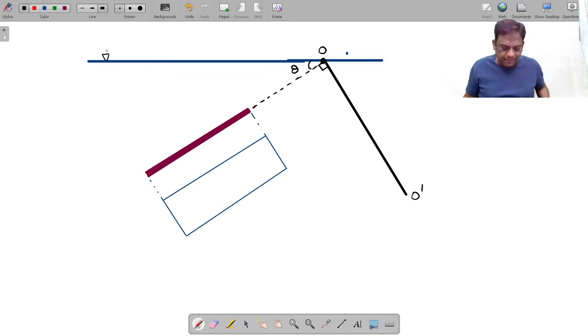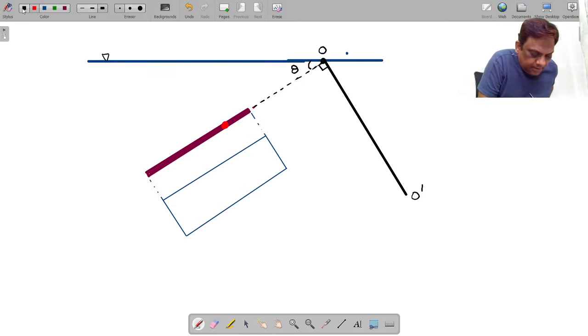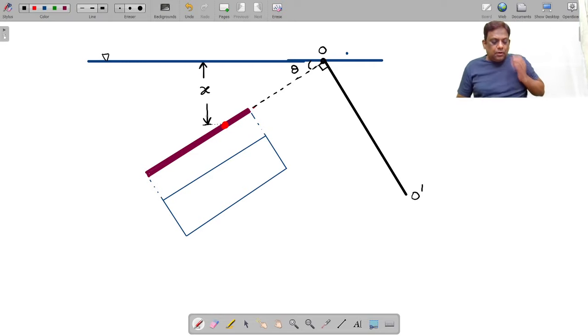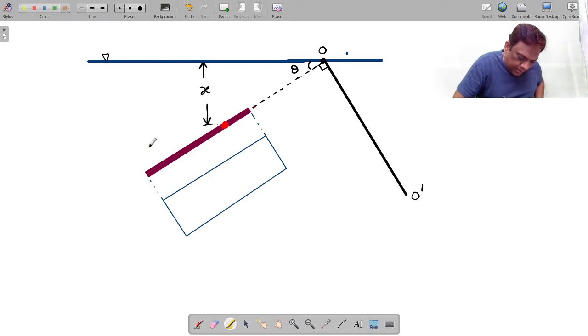Let's take any point, at a distance x from the free surface. Rho is the density of this fluid.